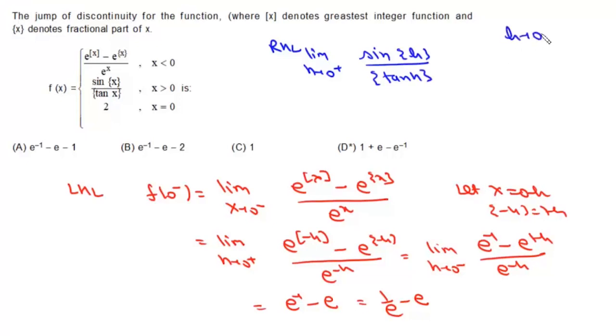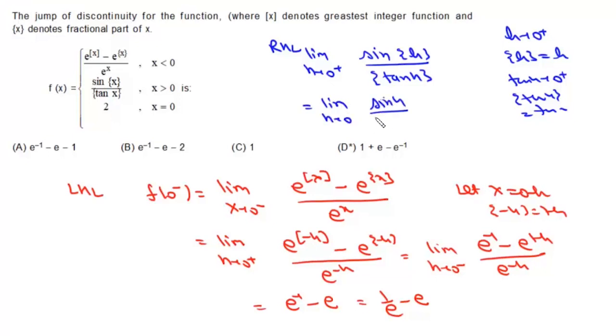Now when h is greater than 0 but less than 1, the fractional part of h is h, and also when h is positive, 10h is also positive, so the fractional part of 10h will also be 10h. So it will be simply this limit h tends to 0 of sin h upon 10h, which is 1.